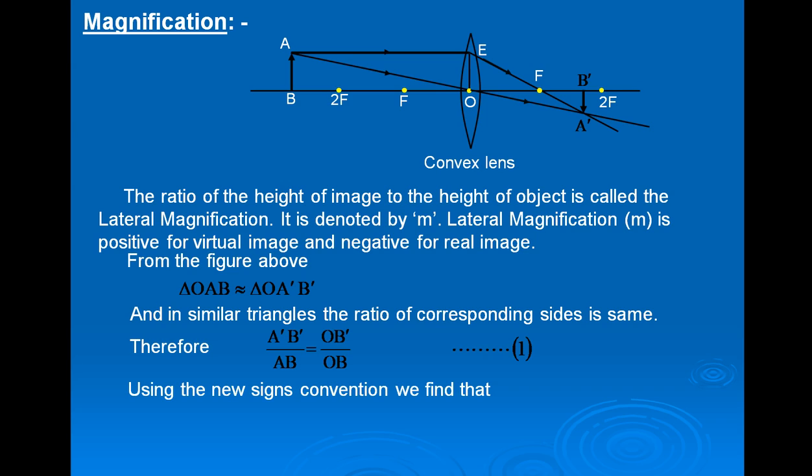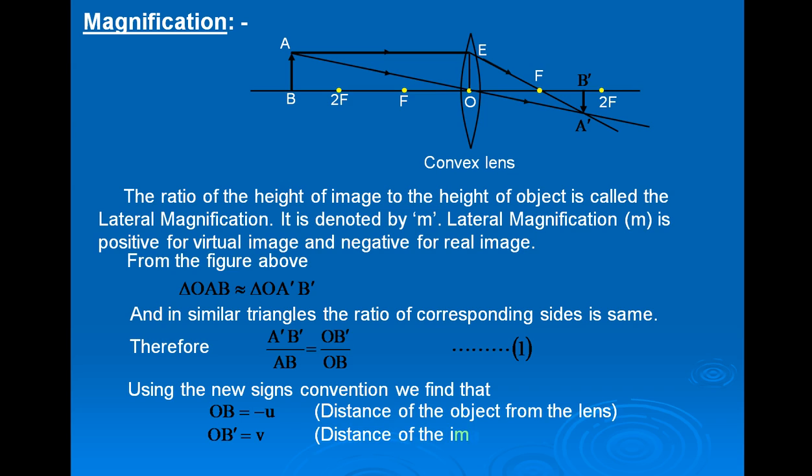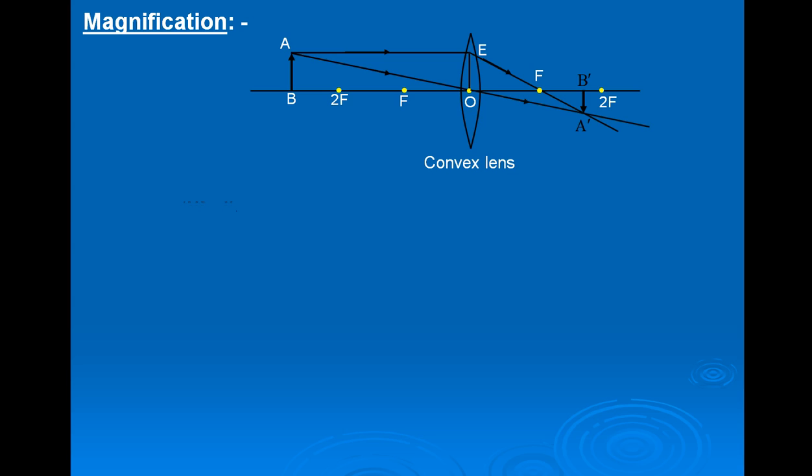Using the new sign convention, we find that OB is equal to minus u, distance of object from the lens, because it is against the direction of incident ray. OB dash is equal to v, distance of image from the lens, it is positive because it is in the same direction of incident ray.